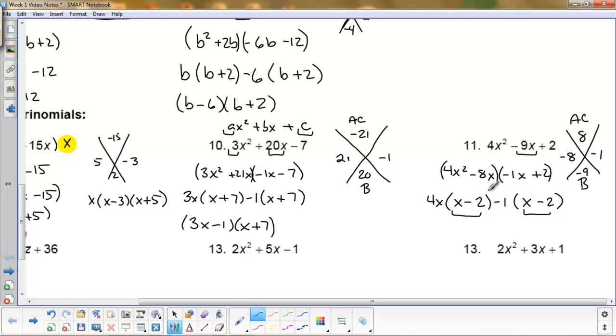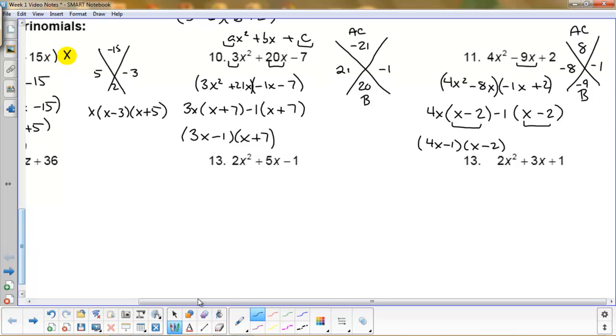And that would have left you with two mismatching numbers inside of this set of parentheses. So since they mismatched, I took out the wrong value. It's a way of checking your work to make sure that you've done it correctly. So now that I know that I've done this right, my final answer is 4x minus 1 and x minus 2.